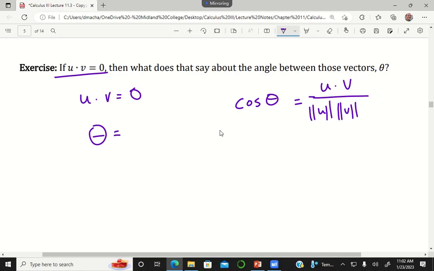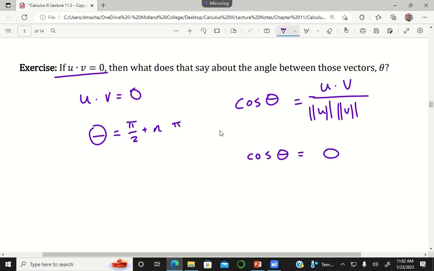And so what I'm saying is u dot v is 0, which means that cosine of theta is 0, which means that theta has to be pi over 2 plus any integer multiple of 2 pi. Or just pi, right? Can you just do an integer multiple of pi? Does that work? Yeah, okay.